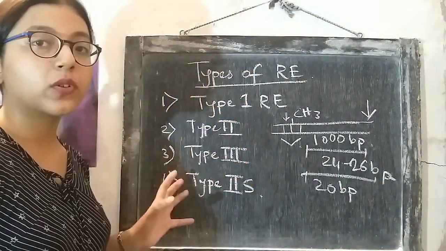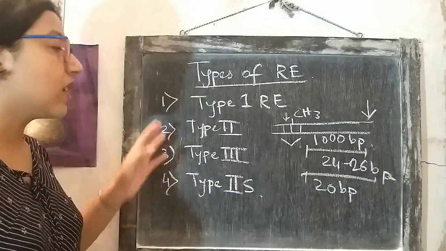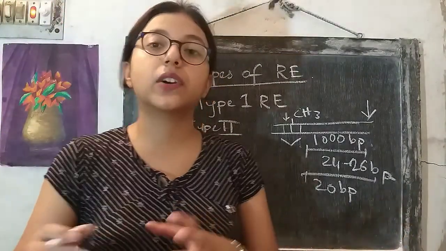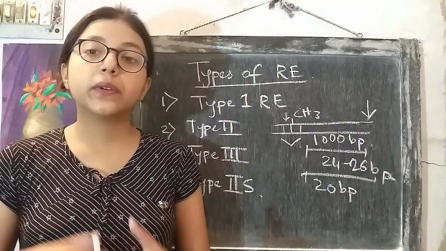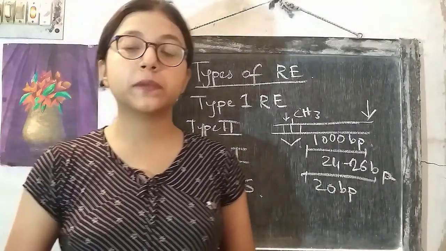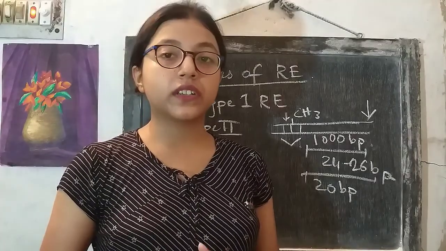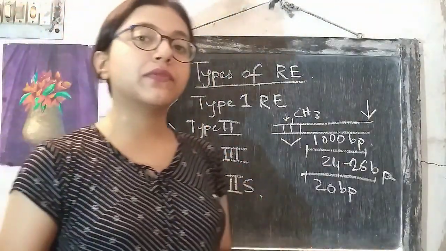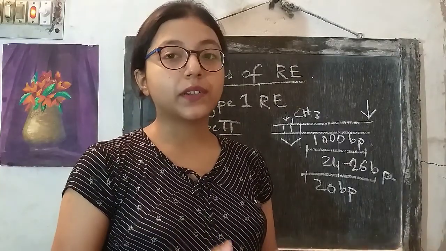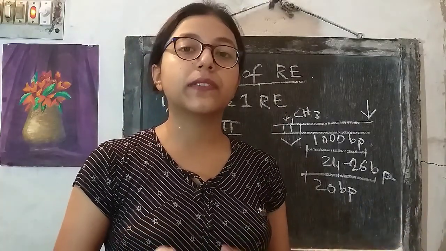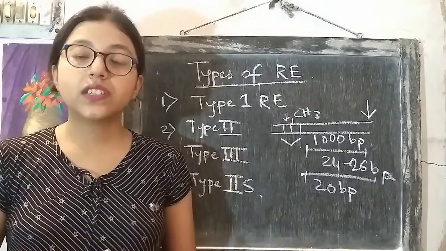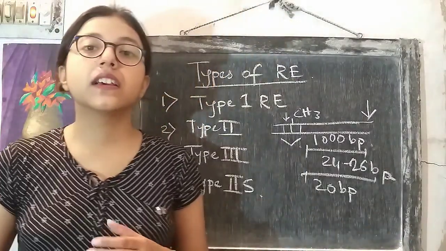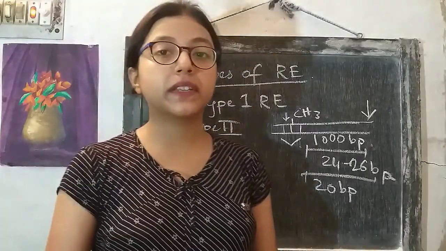So among the four classes of restriction endonucleases, for these three, the site of recognition and site of cleavage are different. So it has some kind of problem with the use of these three restriction endonucleases, but type 2 restriction endonuclease is advantageous because both the site of recognition as well as the site of cleavage is the same. So for this reason, generally type 2 restriction endonuclease is used in different methods of recombinant DNA technology.